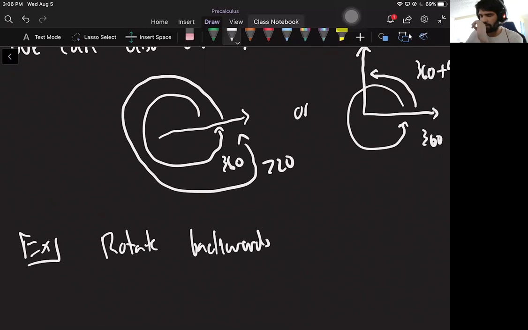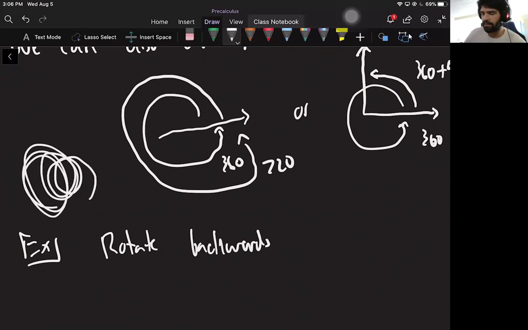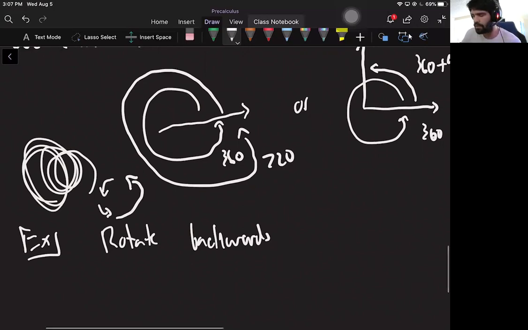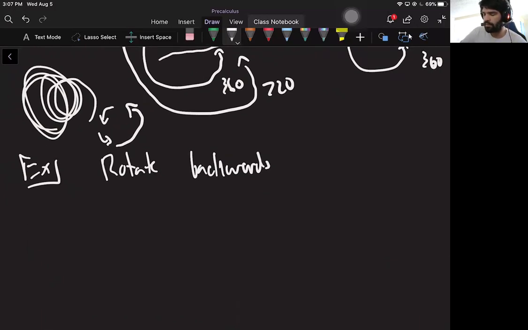So what we're doing right now is we're saying if you go in this direction, like that, maybe I'll do it slower. If you go in that direction, that counts as a positive angle. So a complete rotation of that direction is 360. But if we rotate backwards, I can do something like that. Then this angle, we would count as negative.